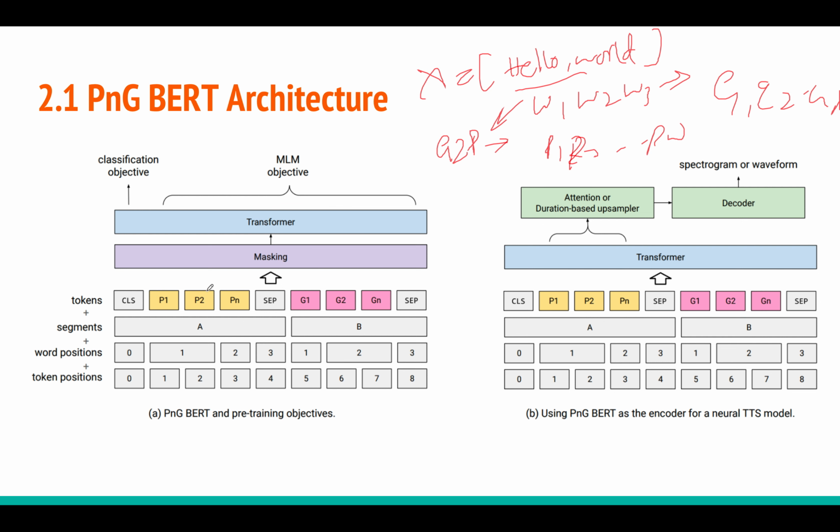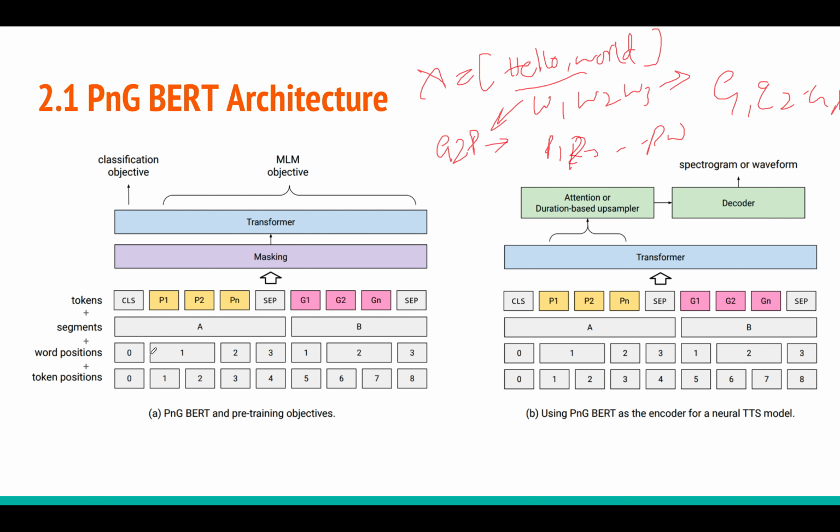Now, that is the token part. Then you can also provide information about the segments, because we know that this is segment A, the phoneme segment, and this is the grapheme segment. And you can also provide word level information, which is very important, because in the end of the paper they have done some ablation studies showing that if you provide word information, the model works really well. If you don't, then the model performs poorly. You'll see that.